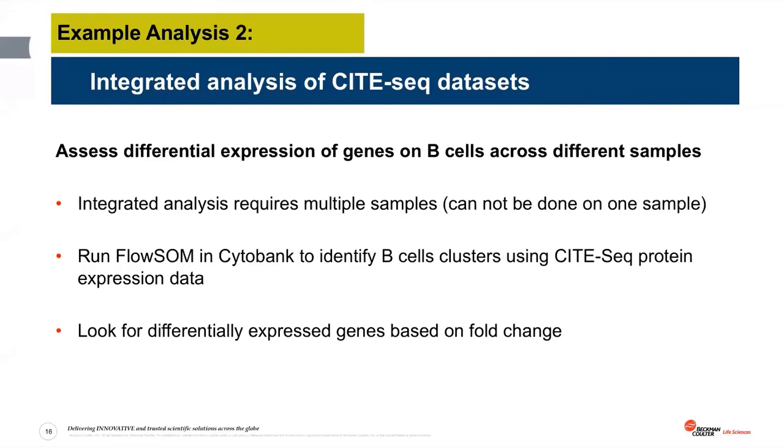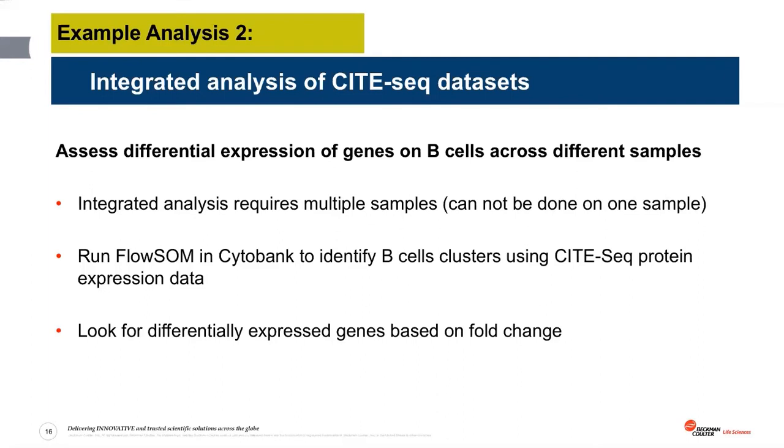Suppose you want to assess differential expression of genes on B cells across different samples. What you can do in Cytobank is use this integrated analysis approach. I would like to point out that for this proposed integrated analysis, you need to have multiple samples. It cannot be performed with one sample.